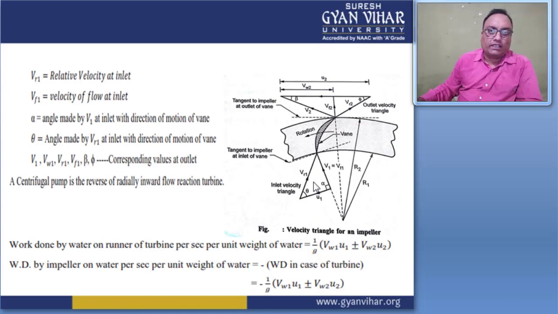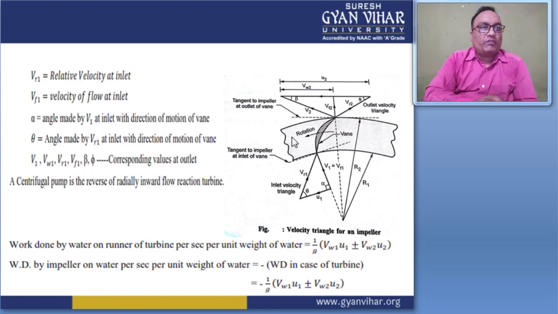So this is the velocity triangle of the impeller for a centrifugal pump, right? In this case different notations are used. This is Vr1, the relative velocity at inlet.